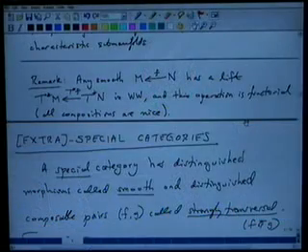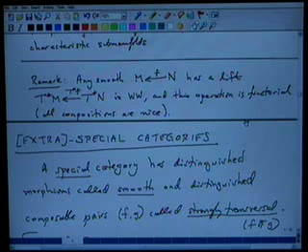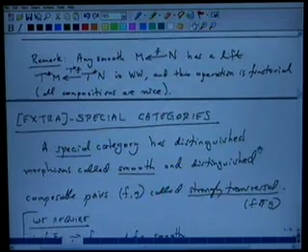I'm welcome to have suggestions. A special category is one in which we distinguish certain morphisms, and we just call those smooth. And among the pairs of morphisms, we'll distinguish certain composable pairs, and we'll call them strongly transversal. And I'll sometimes write this transversality symbol for strong transversality.